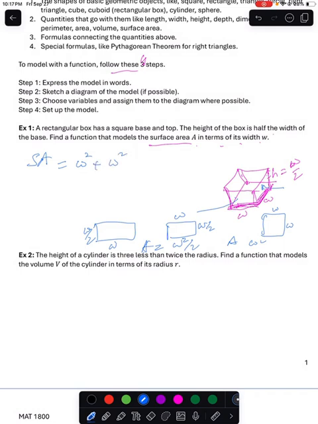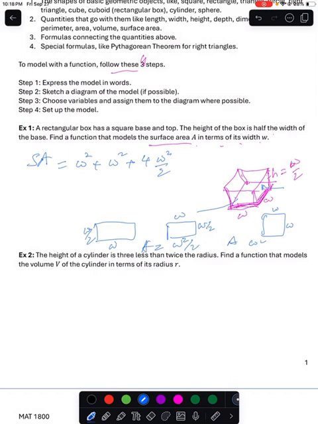Sometimes the question might say a rectangular box with an open top. Open top means you will not include the area of the top, so there will be only one w square term. But in this case, since it doesn't say open, we will keep it. Plus, we said all 4 sides are the same, so we can say 4 times w square over 2.